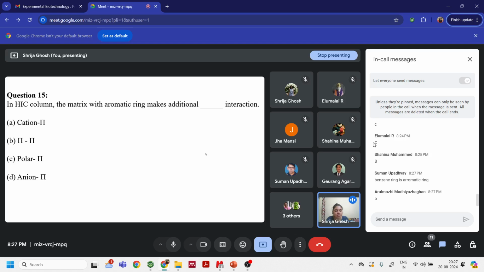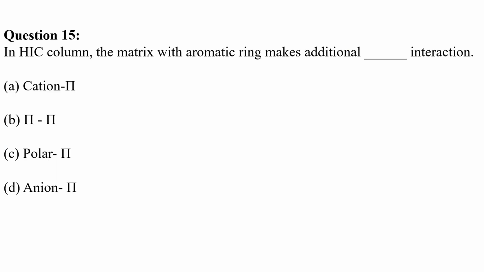Yes, that is correct. Generally, between the double bonds we will have a pi pi interaction. So pi pi interaction is the correct answer. If our matrix has an aromatic ring in it, it will have an additional pi pi interaction along with the hydrophobic interaction.